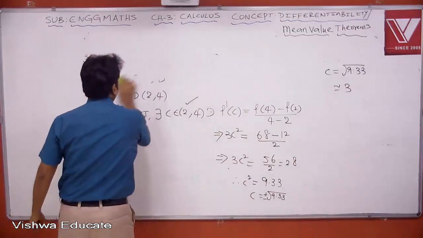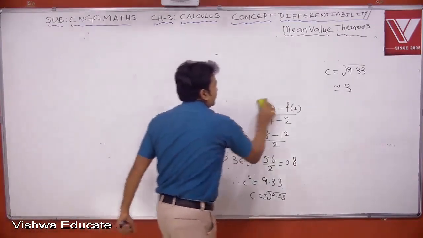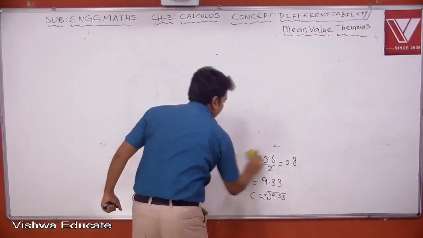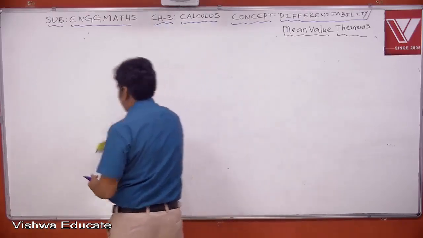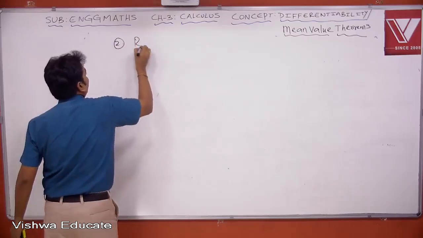Just the mean value theorem. Now we move to the second mean value theorem. The second mean value theorem is Rolle's mean value theorem.